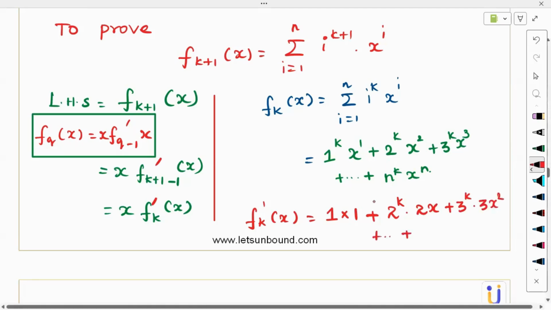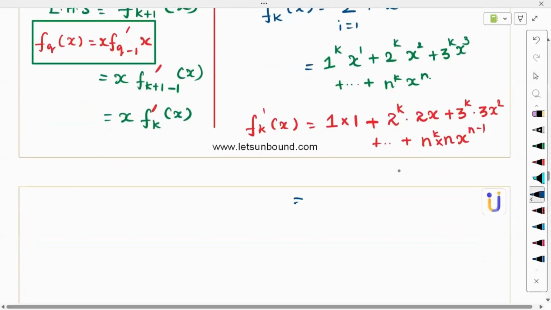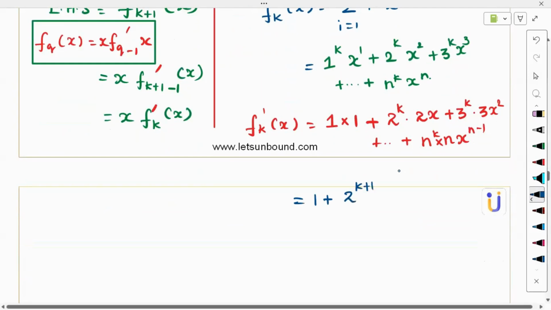Likewise, and so on. n power k is a constant, and it will be n into x power n minus 1. Simplifying it further, it's 1 plus 2 power k into 2 power 1, they are in product. When the bases are the same, we have to add the exponents. So 2 power k plus 1 x plus 3 power k plus 1 x square plus and so on plus n power k plus 1 x power n minus 1. This is my fk dash of x.